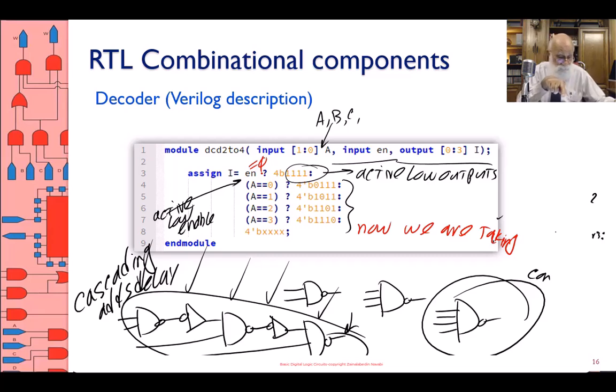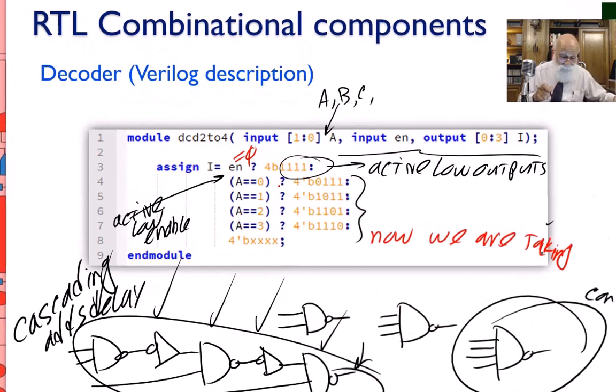When enable is 0, if A is 0, 0, okay? A is 2-bit, I'm using the number 0. If A is 0, 0 binary is 0, 0. If A is 0, 0, I am putting the following string on the output.